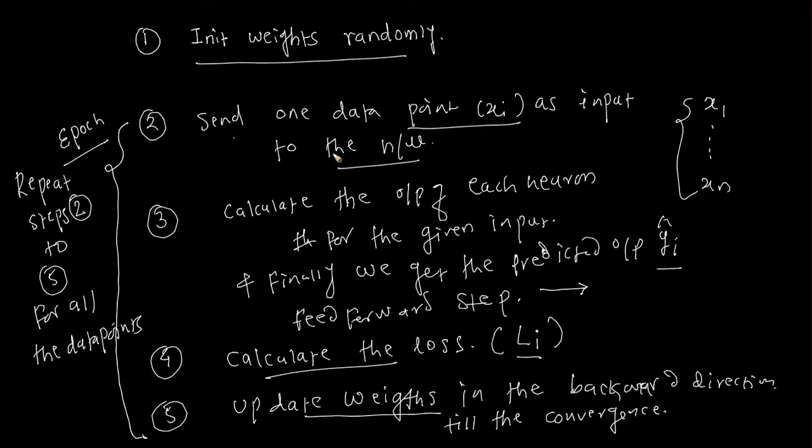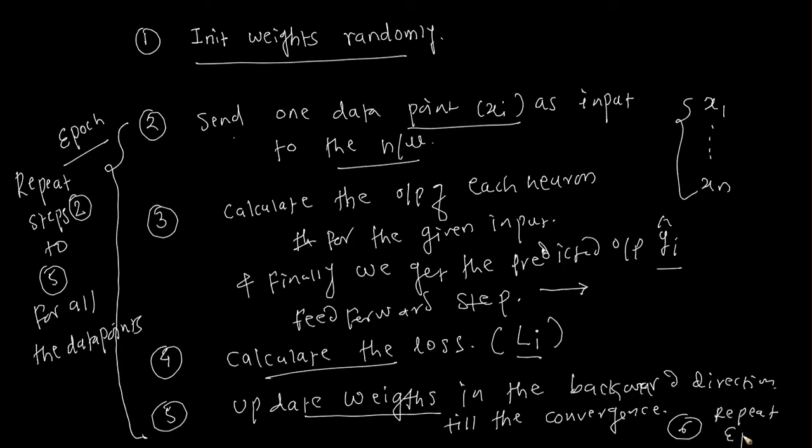Send x1, do this. Then send x2, do this, send x3, do this, right? So when we send all the data points and repeat these steps for all those data points, this is called one epoch. Then finally step 6 is repeat these epochs.